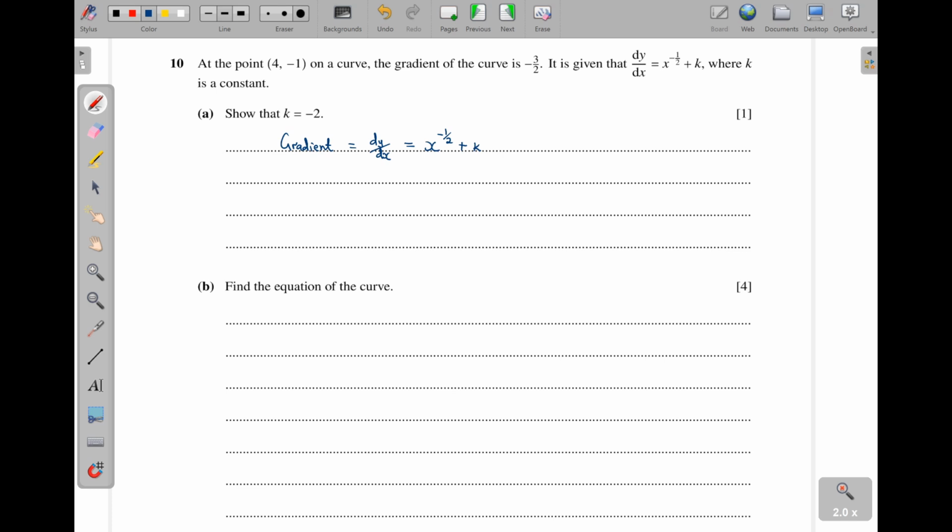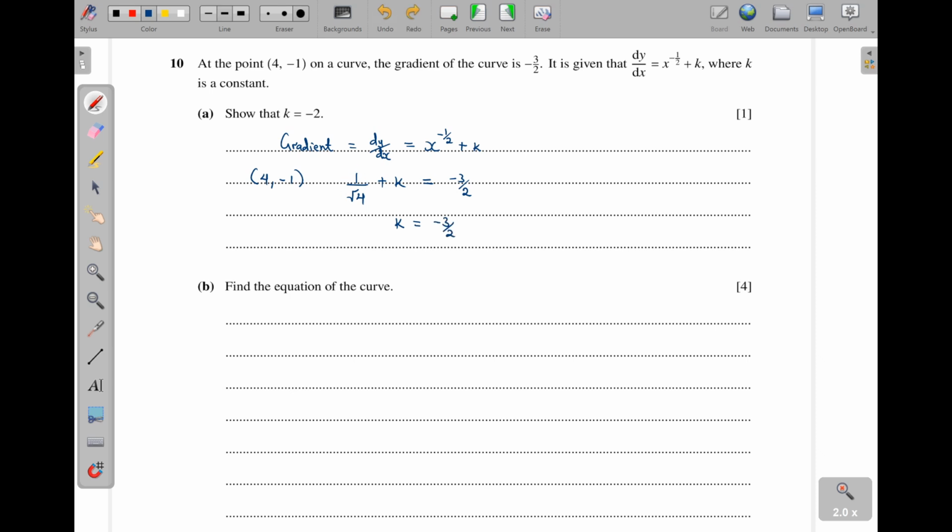Since this is the point (4, -1), then x is 4. So I will have 1 over the square root of 4, because this is 1 over the square root of x, then plus k is equal to this -3/4, over 2. So therefore k is going to be equal to -3/2.